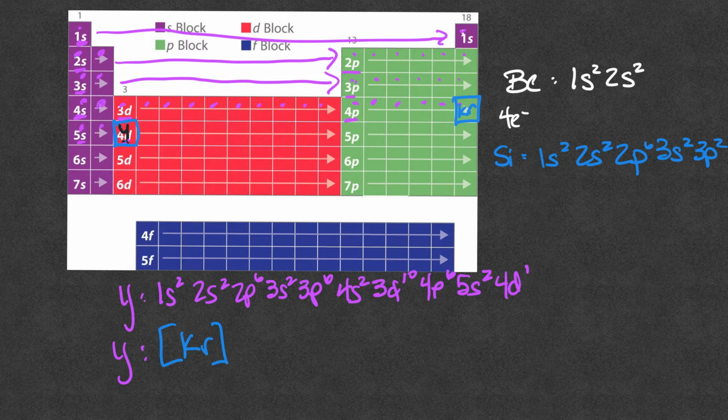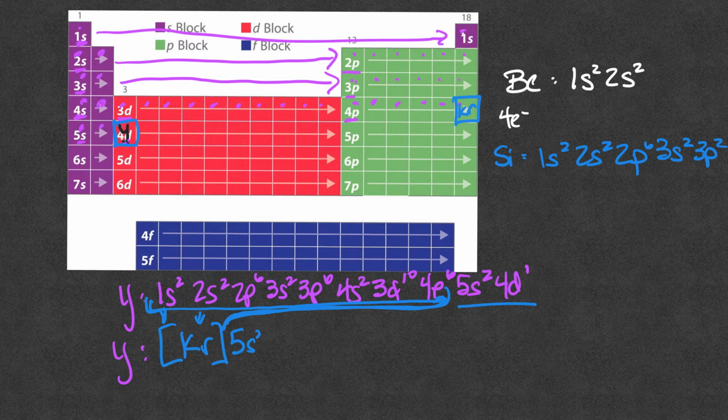So what does this mean? Well, when you write in krypton, you're writing basically a configuration up to the greatest 4p6. If you're looking at this configuration here, the greatest 4p6 is here. All this is understood by putting krypton in brackets. Then what you have left is what you write after it.